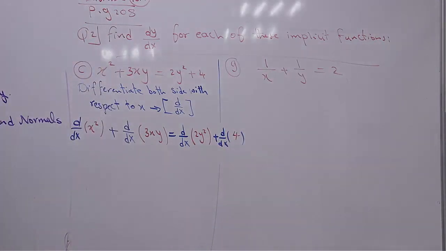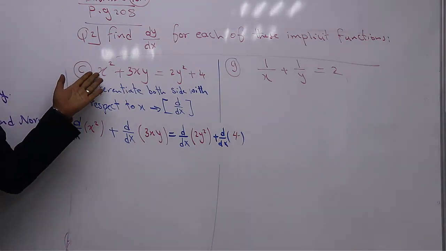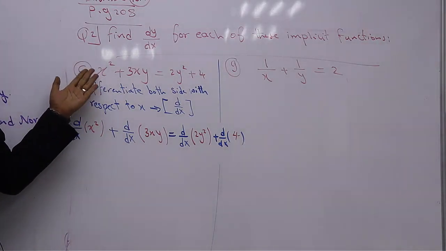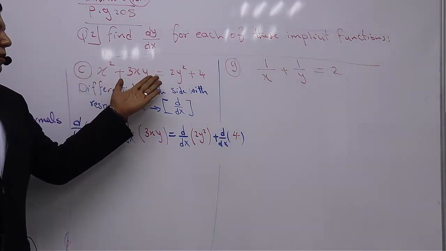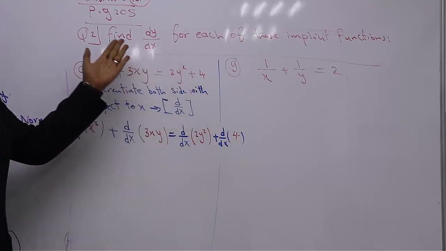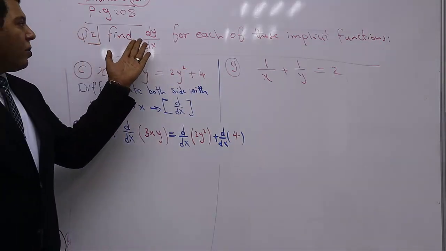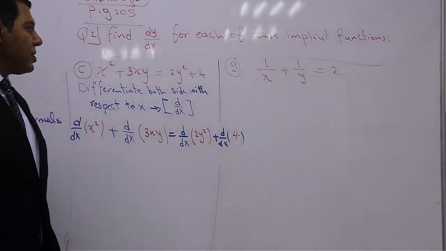So, back again from the beginning, I have the implicit function x squared plus 3xy equals 2y squared plus 4, and the question is find dy over dx for each of these implicit functions.